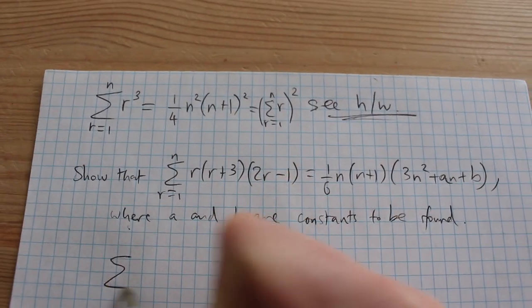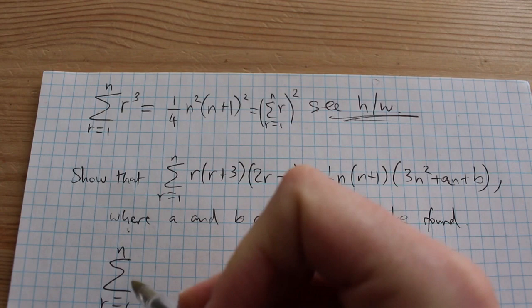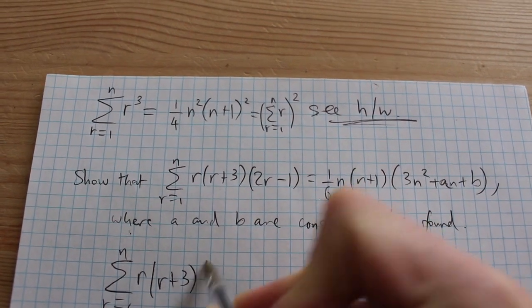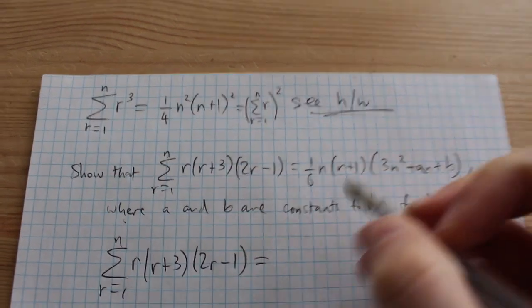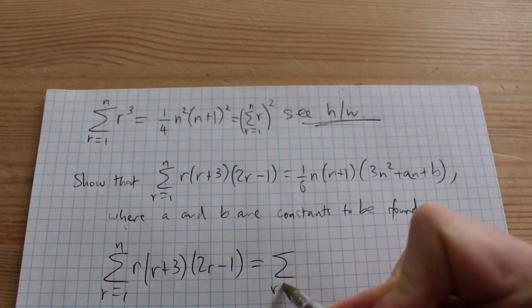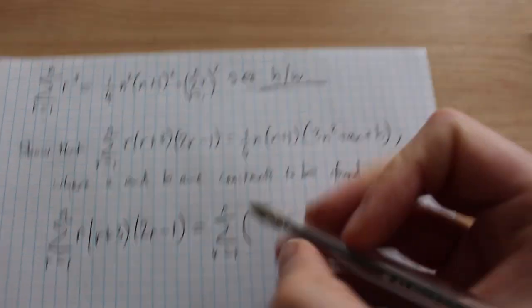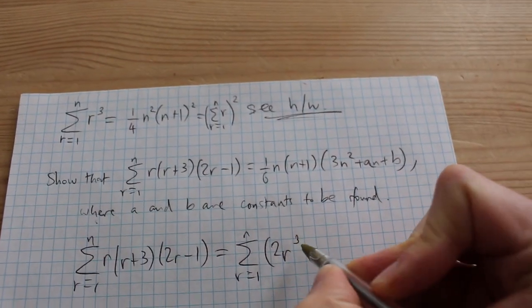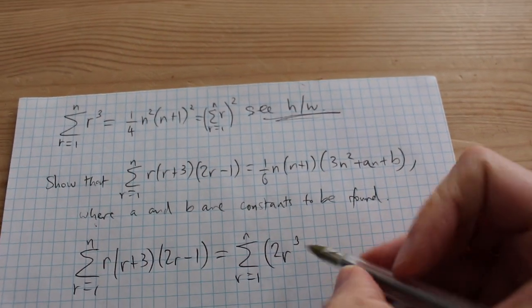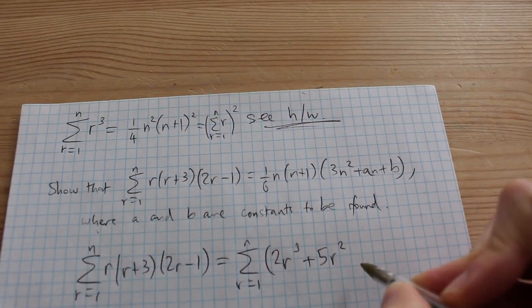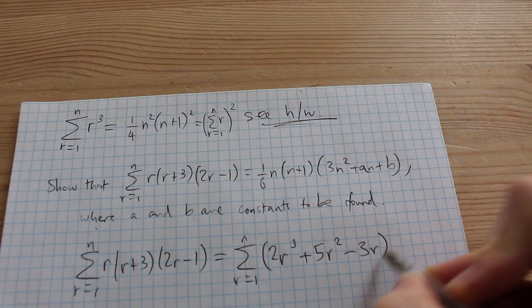So we have the sum from r equals 1 to n of this. Let's expand the brackets first. So this is 2r cubed, and then 5r squared, and then minus 3r.